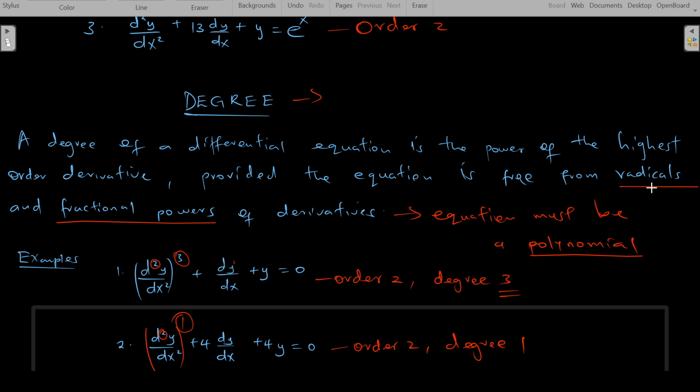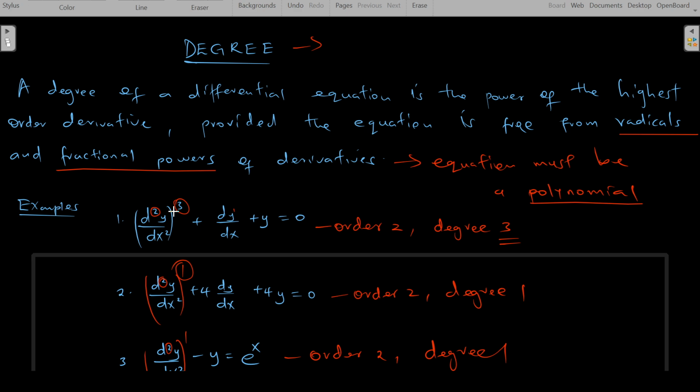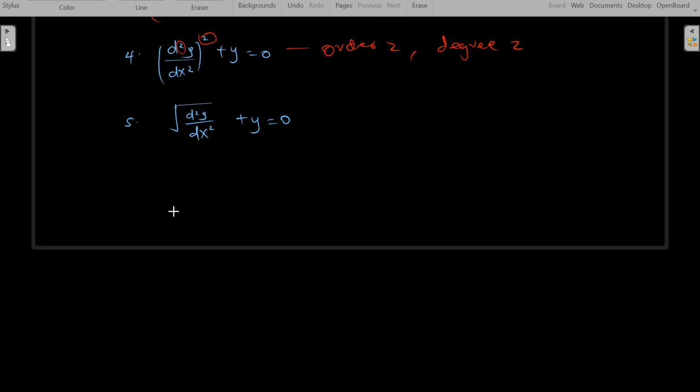If we have an equation that has radicals and fractional powers, it means the degree is not defined for that differential equation. For this case, as you can see, these are radicals. So for these radicals, it means there's no degree. I can say degree not defined.